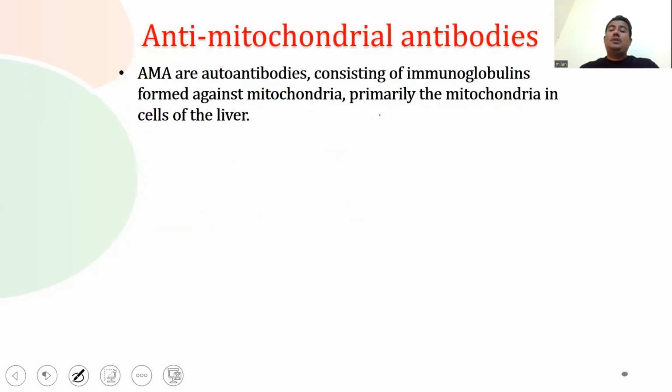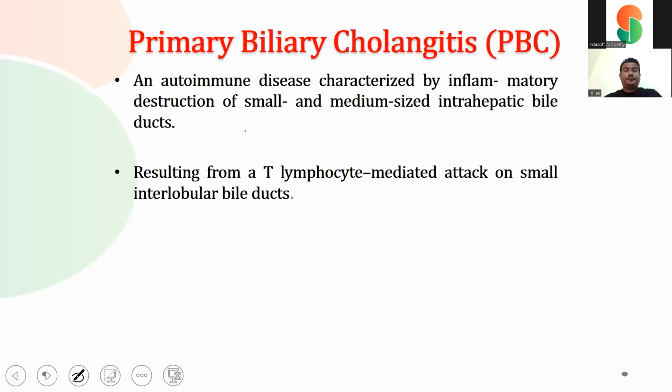What is an antimitochondrial antibody? Antimitochondrial antibodies are autoantibodies consisting of immunoglobulins that are formed against mitochondria, particularly those of the liver cells. So these are autoantibodies formed within the body, which are primarily directed against the mitochondria, that too of the liver cells on most occasions.